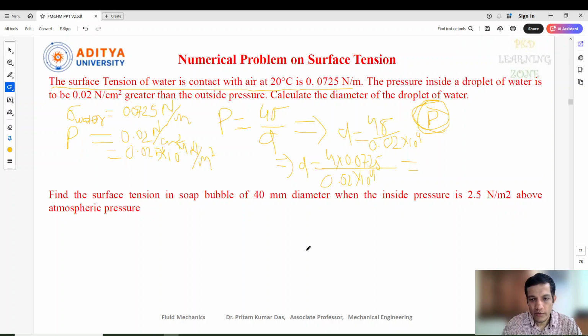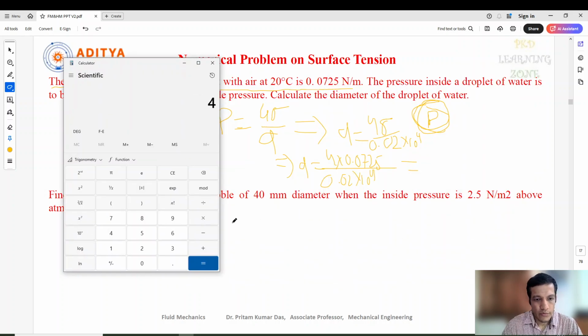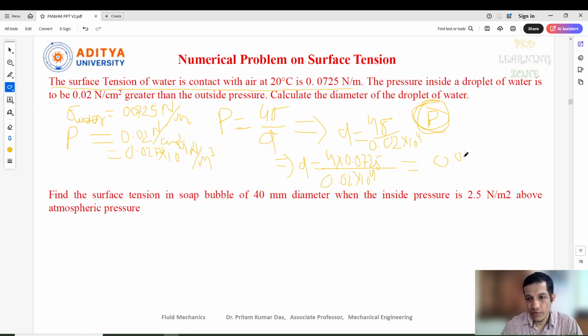That is nearly equal to 14.5 divided by 10,000, so 0.00145, which is nothing but 0.00145 meter.